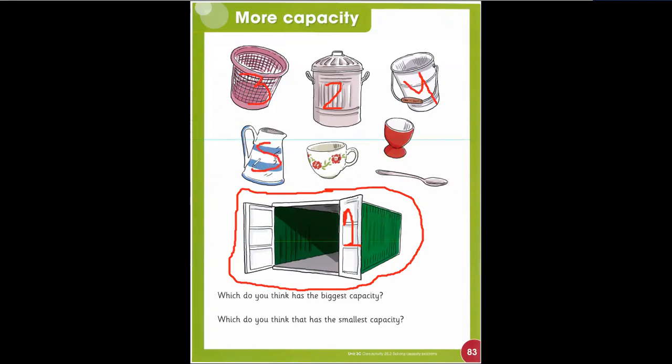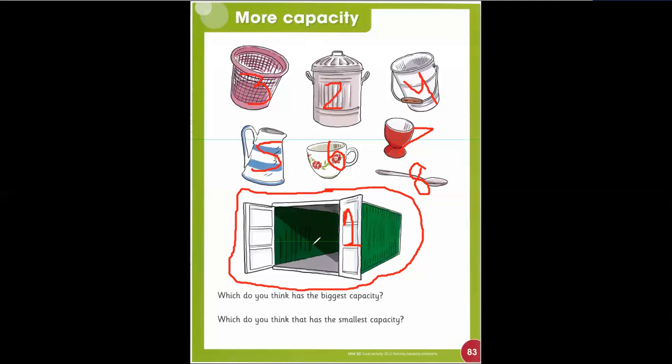Number 5. This is number 6. And this is number 7. And the spoon is number 8. So now if I ask you, which is the biggest container? Number 1 is the biggest container.